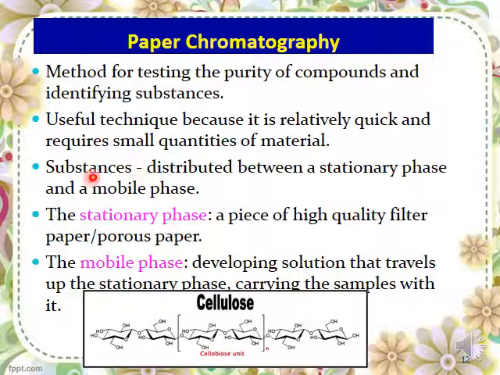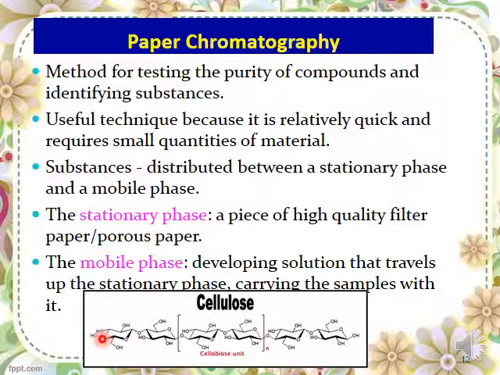The stationary phase is a piece of high quality filter paper or highly porous paper. The mobile phase is the solvent used, which will travel up the stationary phase, carrying the sample with it.